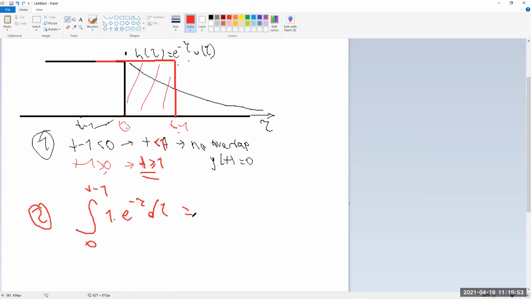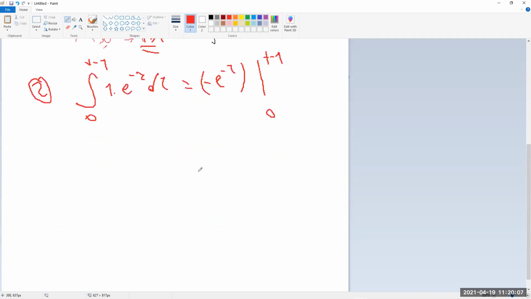If we calculate this integral, we get minus e to the power of minus 2, and if we plug in the values, minus e to the 0, which is 1, and this becomes plus, and we get 1 minus e to the power of minus (t minus 1). Okay.